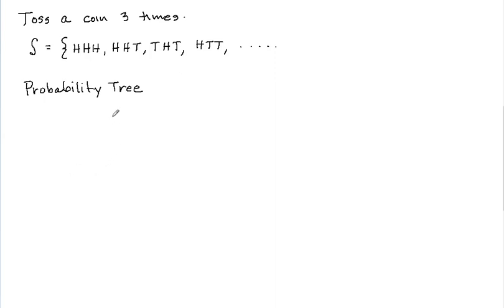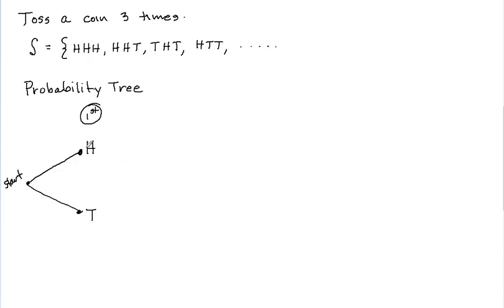Each decision is going to have a branch on this probability tree. So starting out, our first event happens right here at this first node. So this is just the start. There's 2 ways that that can turn out. It could be a heads or it could be a tails. Okay, this is our first coin toss.